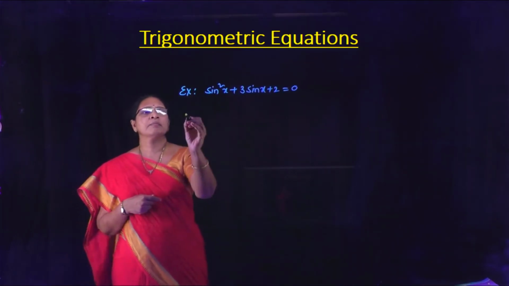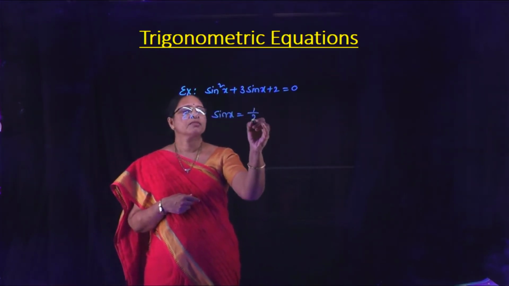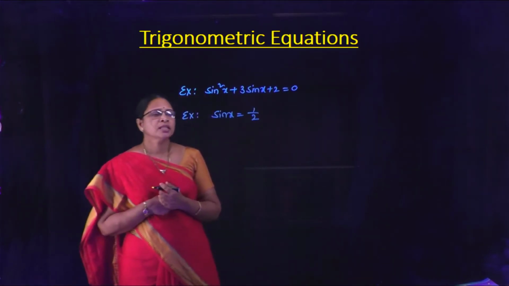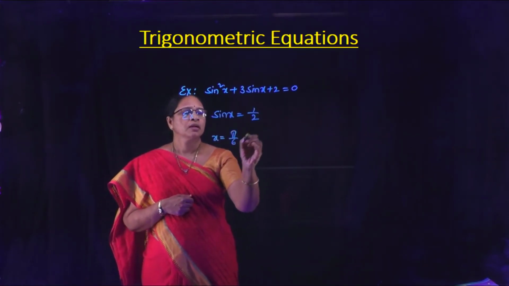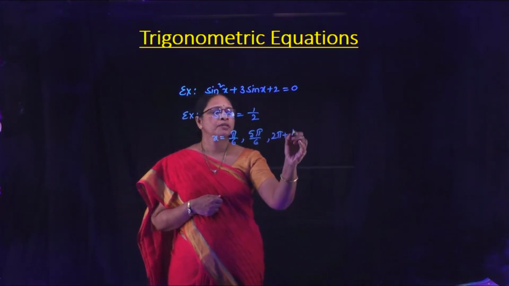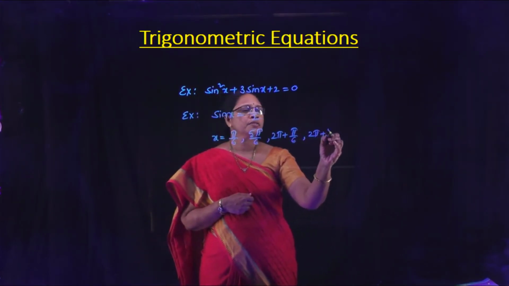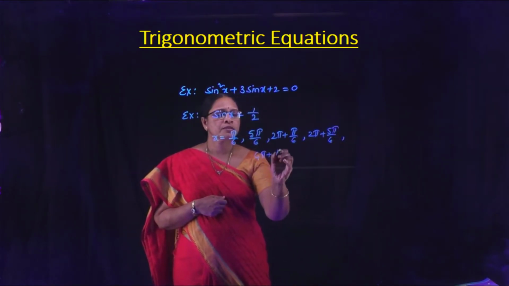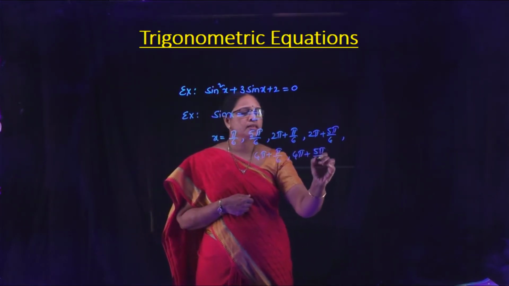See another example, sin x is equal to 1 by 2. The values of x satisfying this equation are x is equal to pi by 6, 5 pi by 6, 2 pi plus pi by 6, 2 pi plus 5 pi by 6, 4 pi plus pi by 6, 4 pi plus 5 pi by 6, and so on.